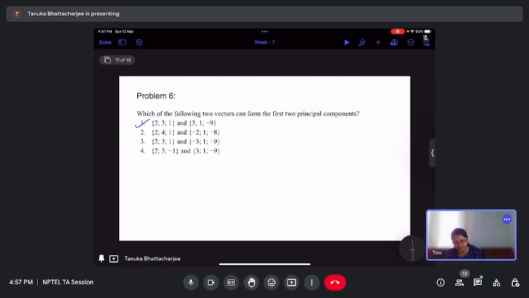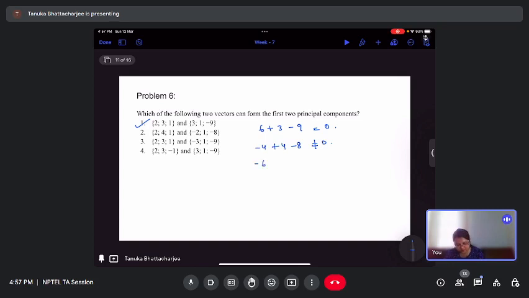If we take option 1, our dot product will be 3 into 2, 6, plus 3 into 1, 3, minus 9. This is basically 0. But if you take the second one, that is minus 4 plus 4 minus 8. So this is not equal to 0. These two vectors are not orthogonal.